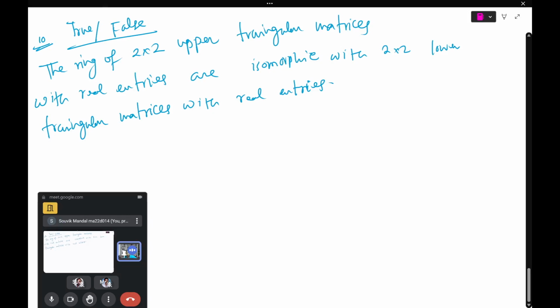True, true, yeah, okay. It's true in an obvious way, so I'm not writing the solution. Okay, just wait.